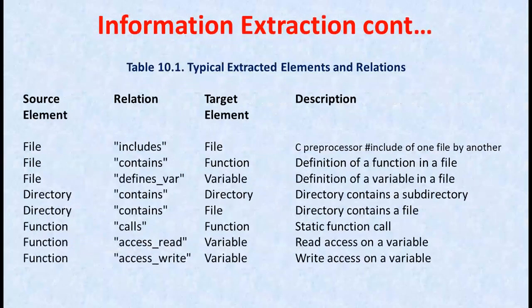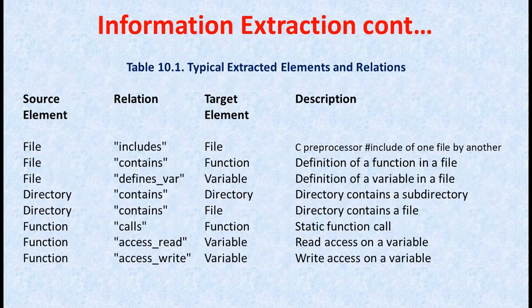Now here in this particular table 10.1, which shows a typical list of the elements and several relationships among them that might be extracted. Each relation between the elements gives different information about the system. The call relationship between the functions helps us to build the call graph.